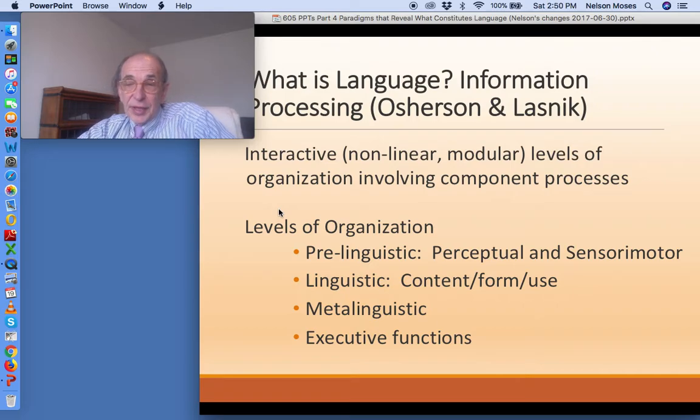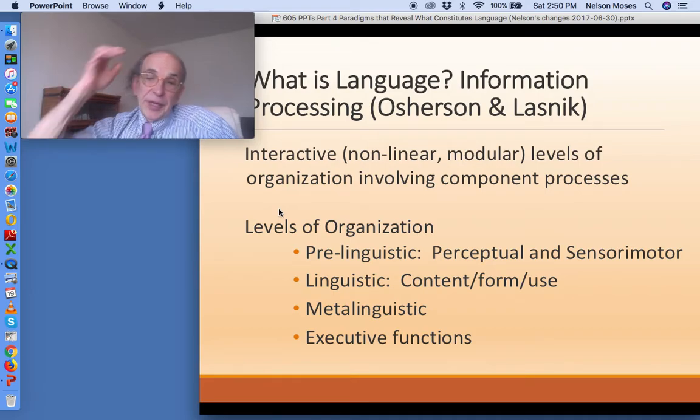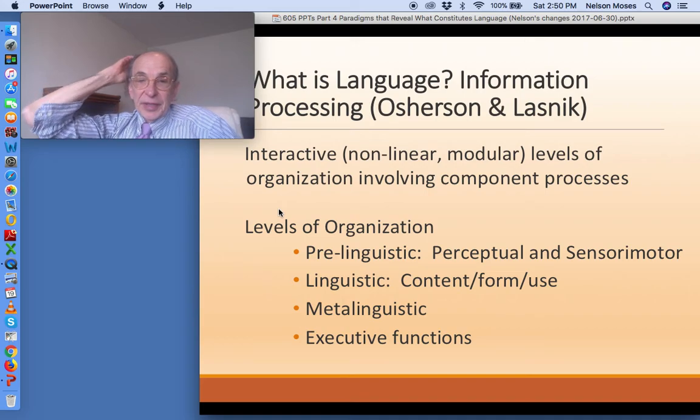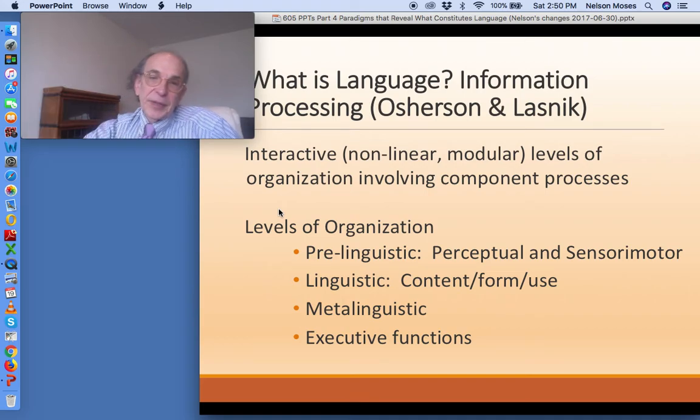Once we start thinking about talking and about the subsystems, the content, the form, phonology, morphology, syntax, what we're doing in this course, now we're in the domain of the metalinguistics, thinking about language, another level of organization.